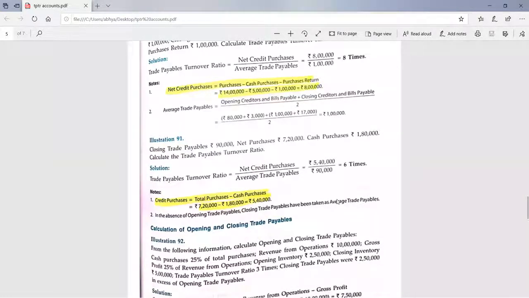Closing trade payables 2,50,000 in excess of opening trade payables. So here you have to find out opening and closing trade payables. Make sure some information can be there which is of no use.